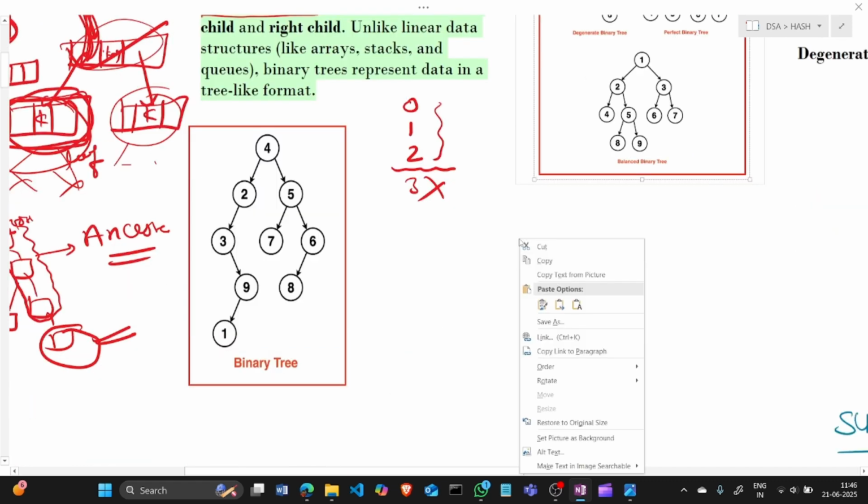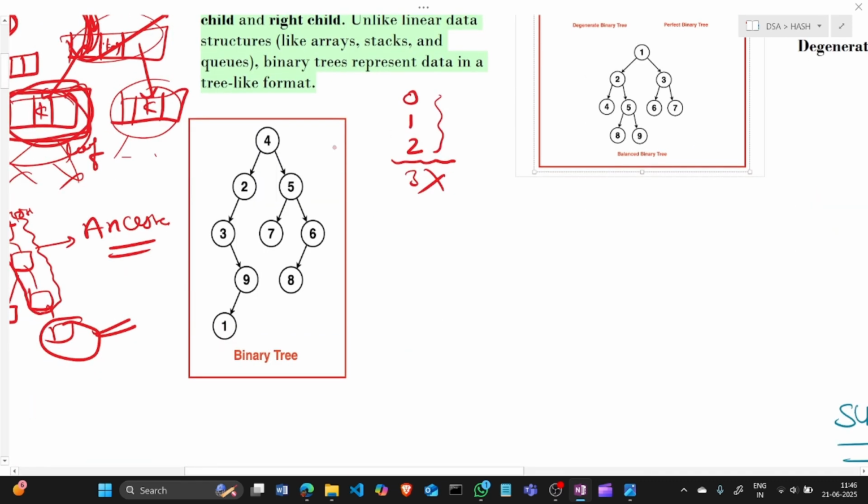Let's see this structure. 4 is the root with two children, and 2 has only a left child, not a right child, but the number of children is not greater than 2. Here also. So this is a binary tree.